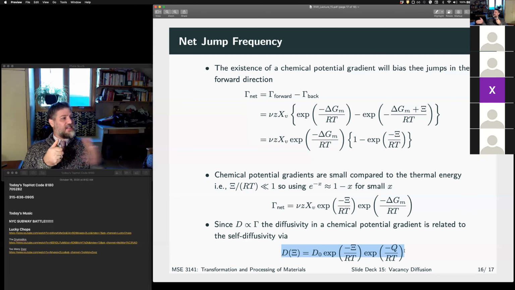The distance that diffusion is going to occur over for a given time is given by the square root of Dt. So that's the time dependence of diffusion. This is the temperature dependence and the compositional dependence. So it tells me, based on my local conditions, how fast that diffusion is going to happen.